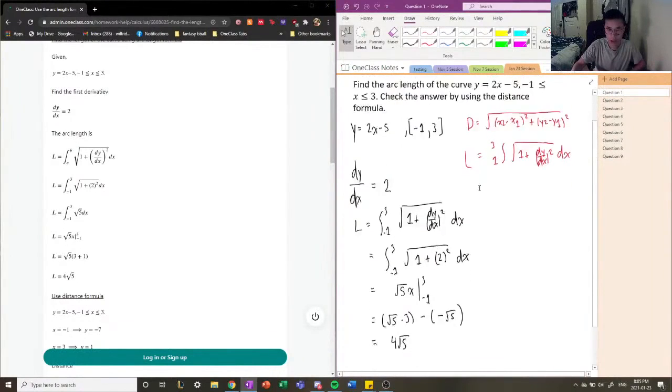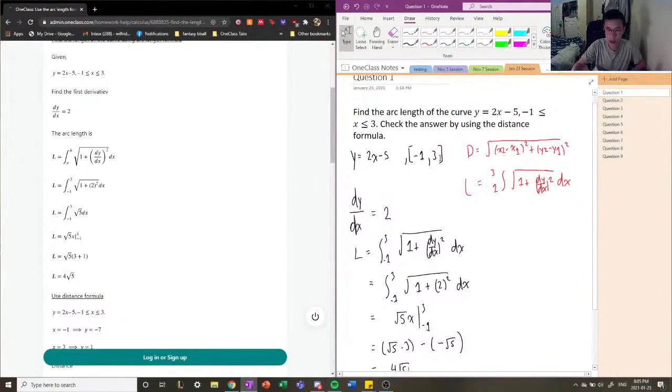Now we're going to use the distance formula, which states x2 minus x1 squared plus y2 minus y1 squared.